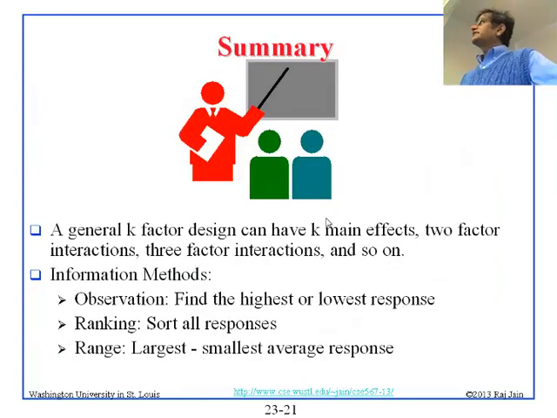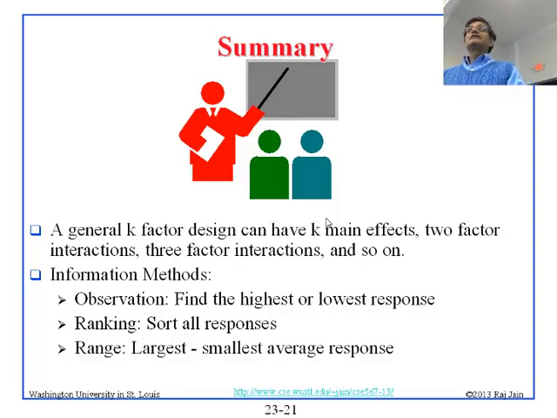That brings us to the end of this chapter and the end of experimental design. The key thing is that you can have any number of factors, any number of levels, and the more factors and levels you have, the more interactions you have. Generally, the high level interaction, as we saw in this case, is smaller and smaller.